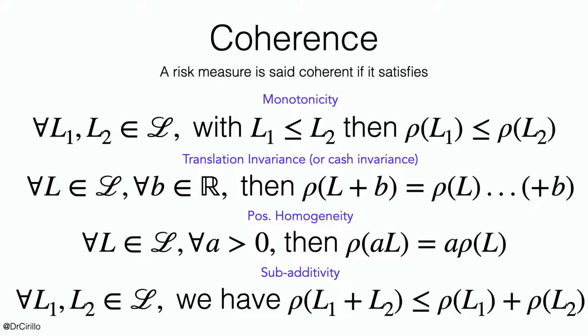So not only will it not increase, but it will actually decrease. Then we have positive homogeneity. This allows us to say that somehow there is a proportionality in risk. And if we double a portfolio, we are essentially doubling the risk that is linked to the portfolio. Again, I repeat, this can be tricky, as I will try to stress in a minute.